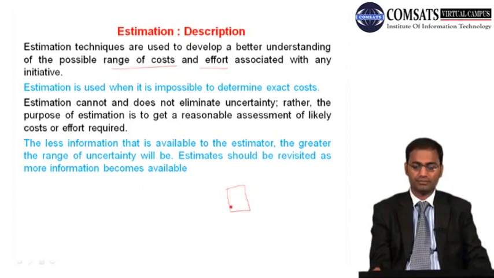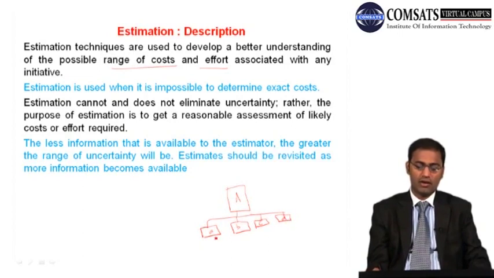So we are having one work package over there, and then one work package over there, and then one work package over there, and one work package over there. So this is our project A, and this has work packages A, B, C, D, and now 10 rupees, 10 rupees, 10 rupees.